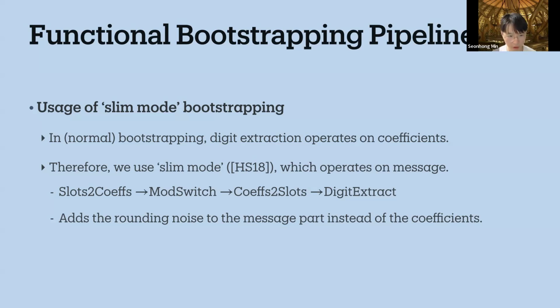In slim mode, slots to coefficients comes first to move the message to the coefficients, and then we perform mod switch to add the additional rounding noise to the message part. And then we move the coefficients back to slots so that we have some noisy encoding of the message in the slots. And then we perform digit extraction.